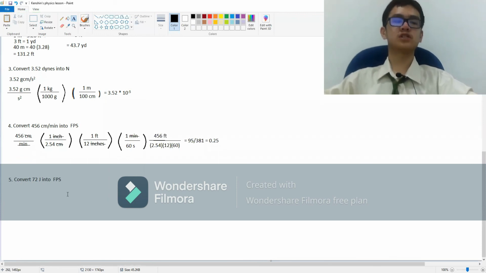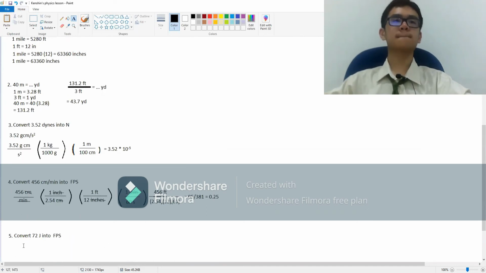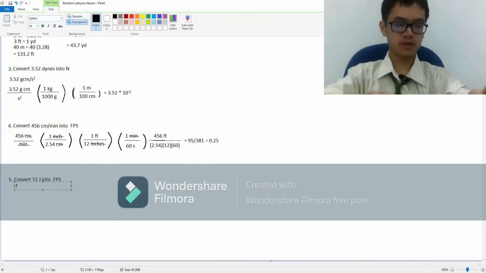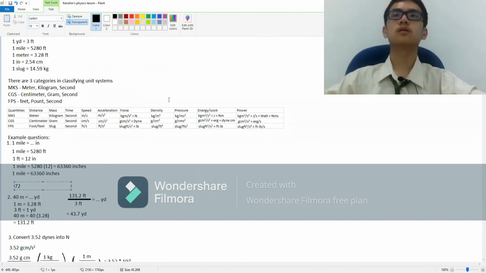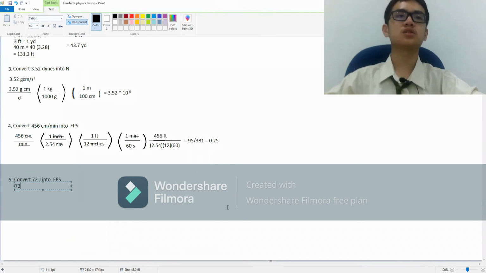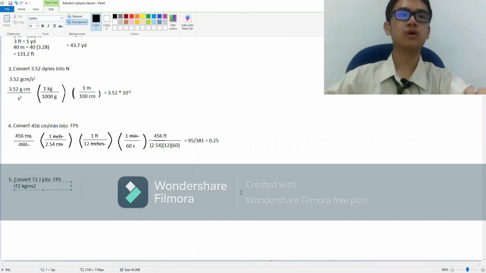Now for the final question, 72 joules into FPS. So joules is up here. So we have 72 kilogram meter squared over second squared.